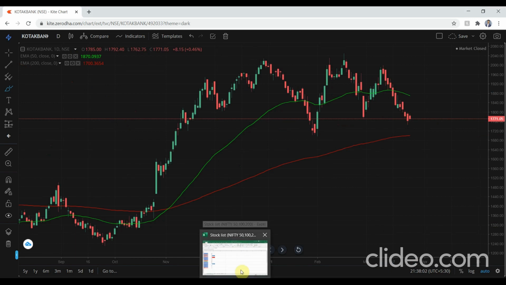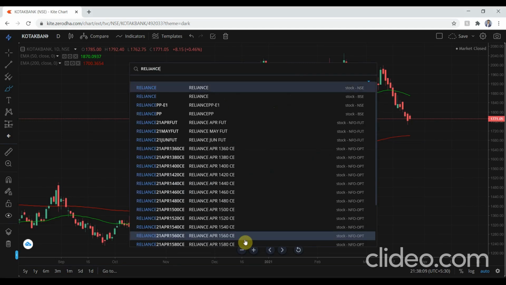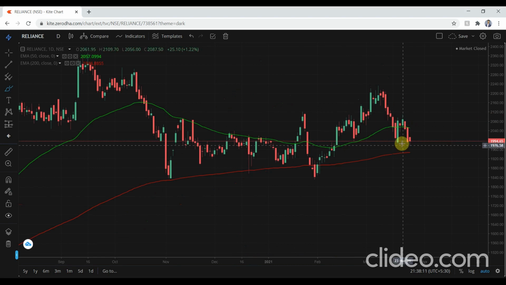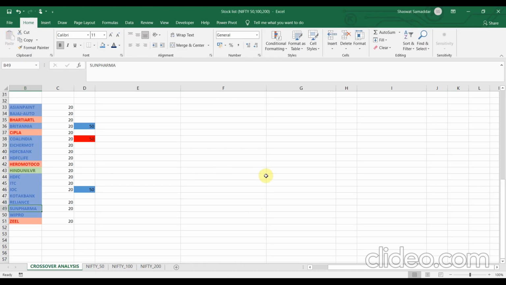Sorry. Yeah, it's well above the 50 EMA. Next one is Reliance. It's closer to the 200 EMA, but it's not showing any clear-cut sign. If it would have been like this, then I would mark it as blue. But anyways, next one is Sun Pharma.